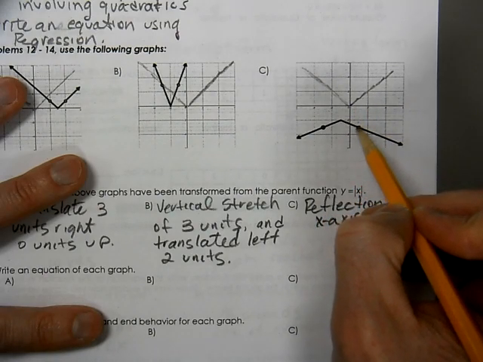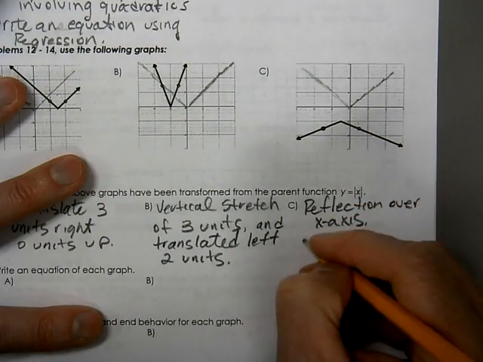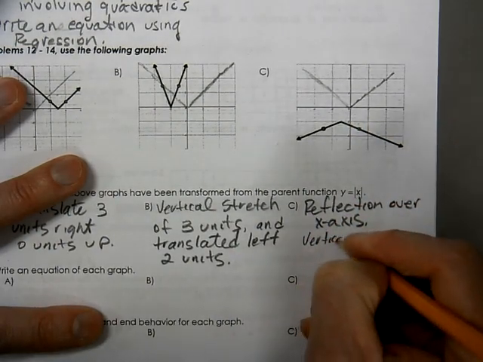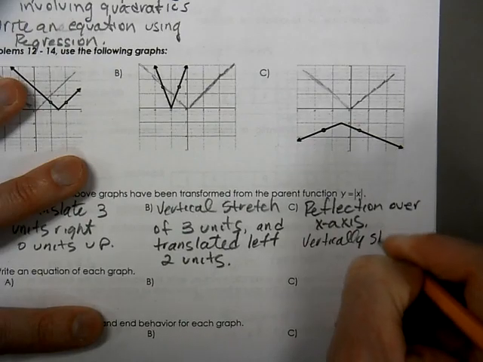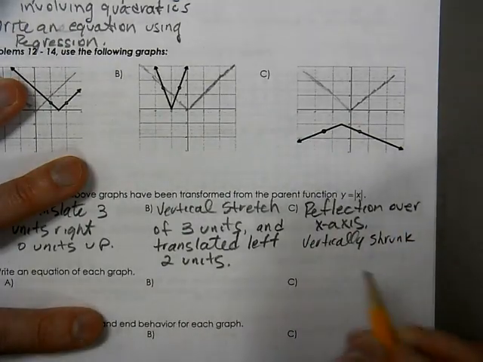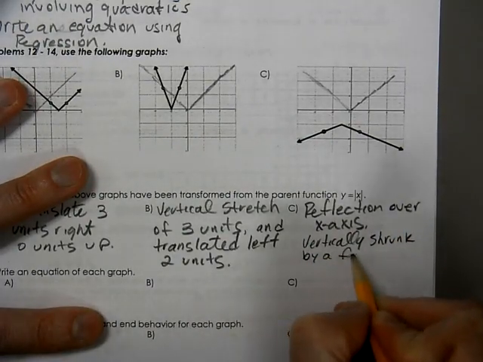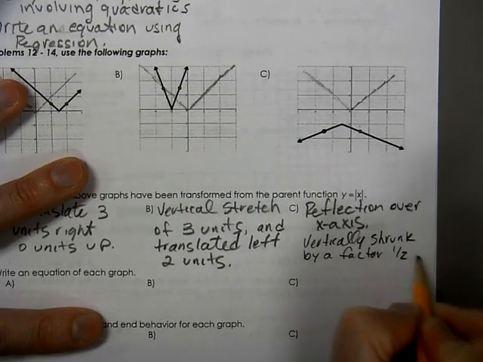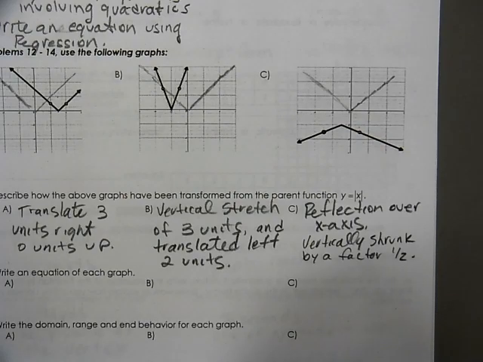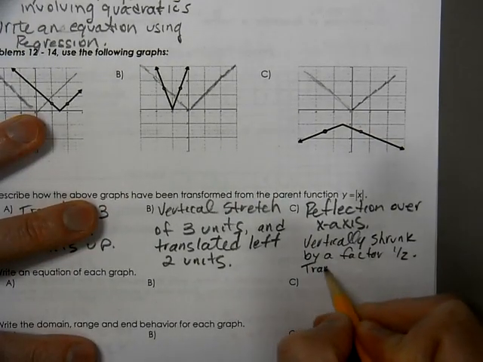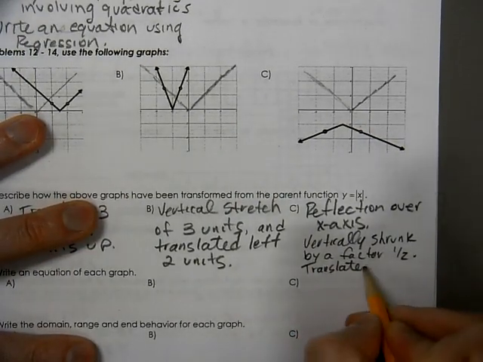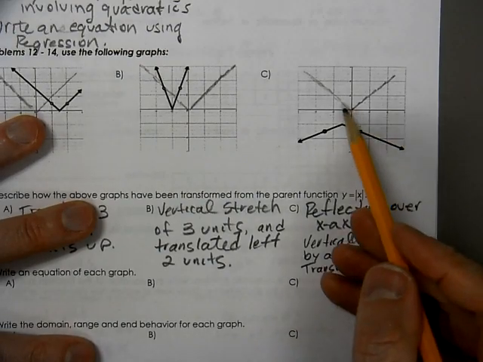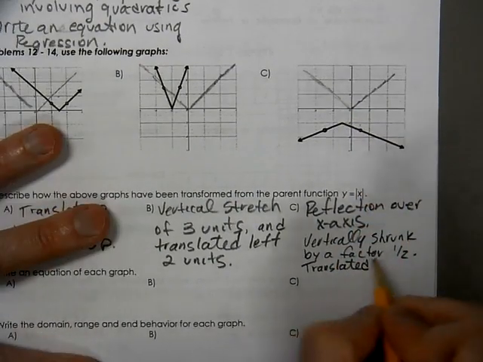We're only going 1. So it looks like it's being shrunk by a factor of 1/2 and translated 1 unit left, 2 units down.